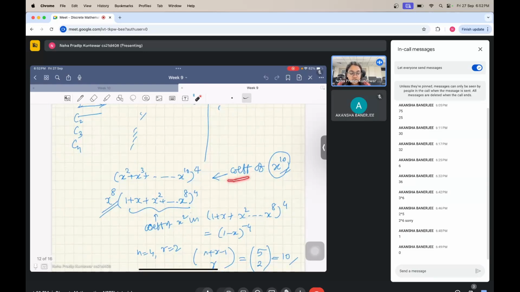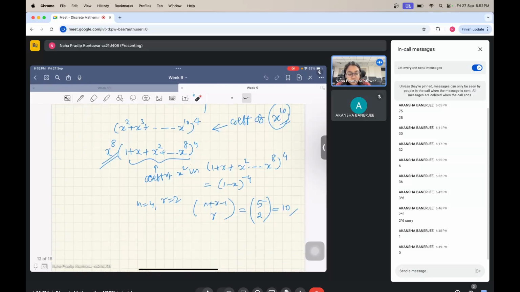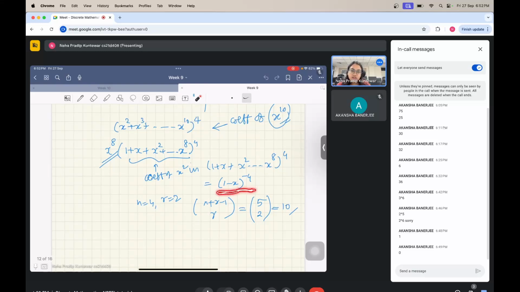So the coefficient will give you exactly the number of ways in which 10 votes can be distributed. Now you have to expand this formula, but we cleverly observed that if you expand this and extend it to infinite terms, then you can just use this formula. You can approximate it to 1 minus x to the minus 4, and you can use your binomial theorem and expansion and so on.